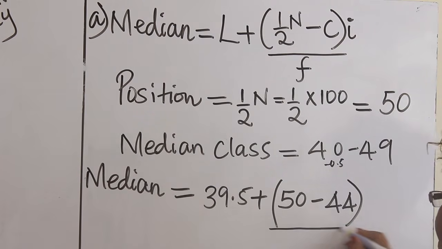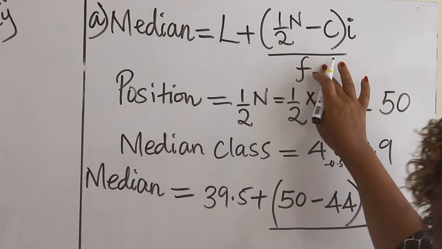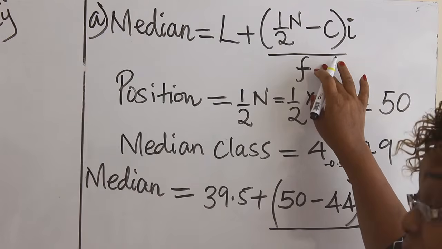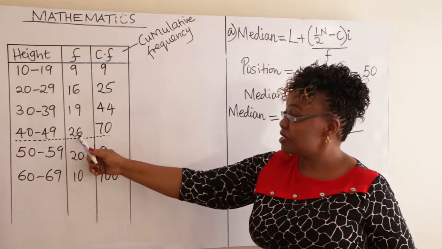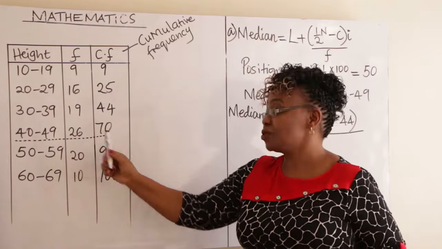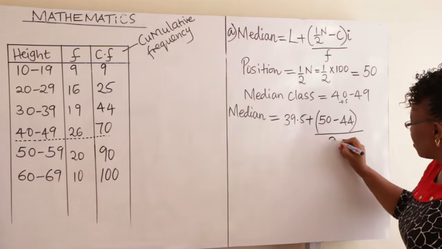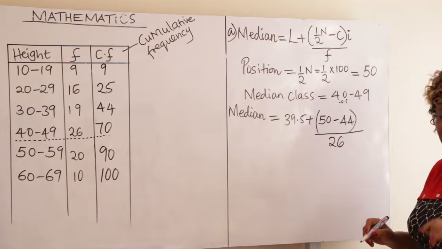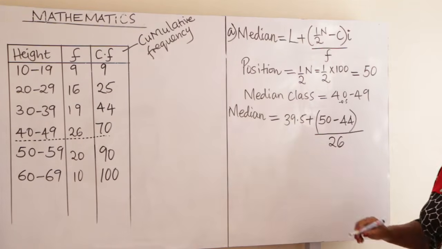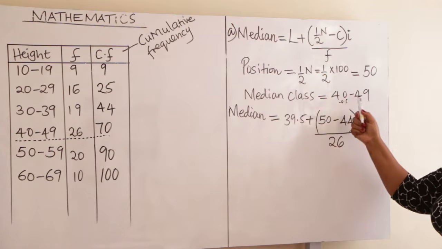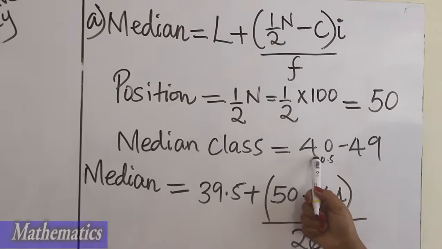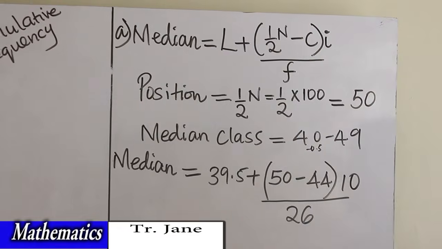Divide by F. F, learner, remember, refers to the frequency of that median class. The frequency of our median class is 26. Then you multiply by I, referring to the class interval. The class interval here is 10.